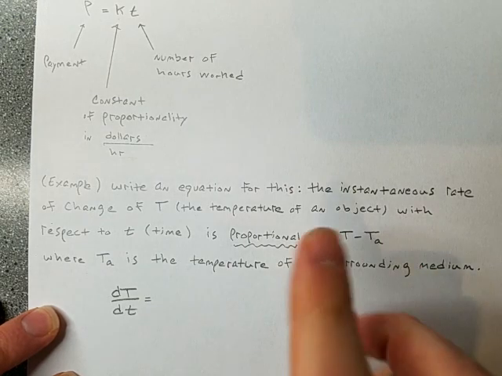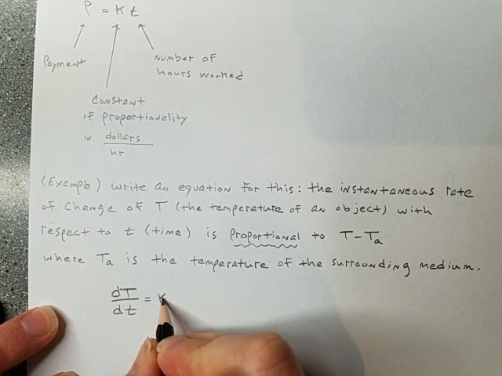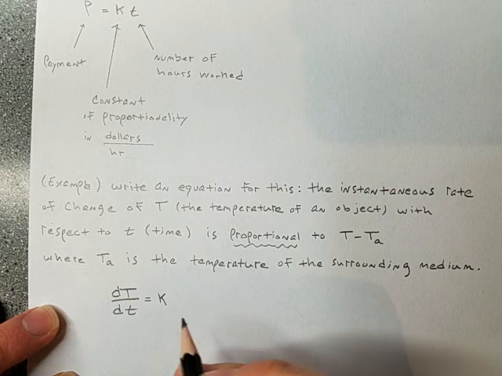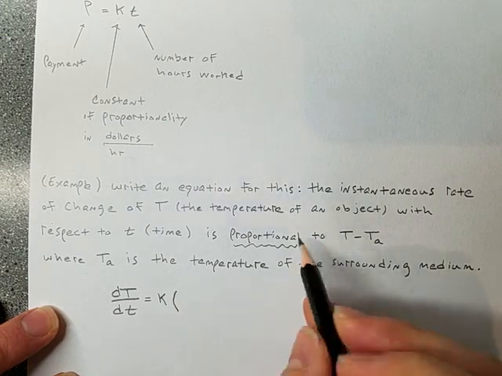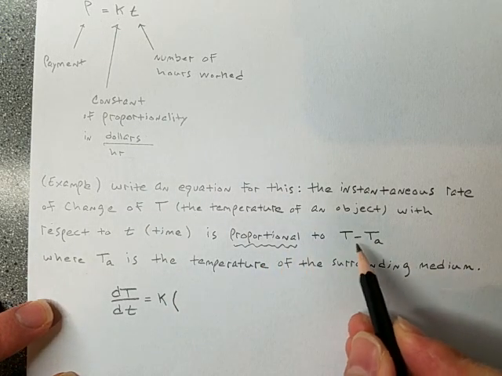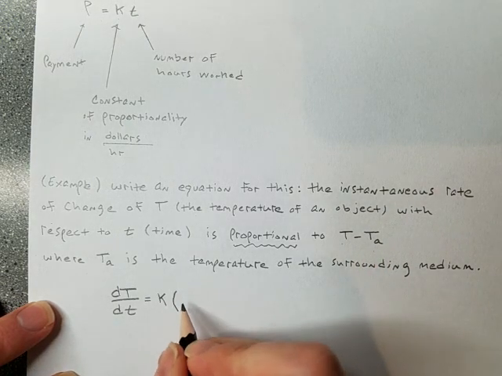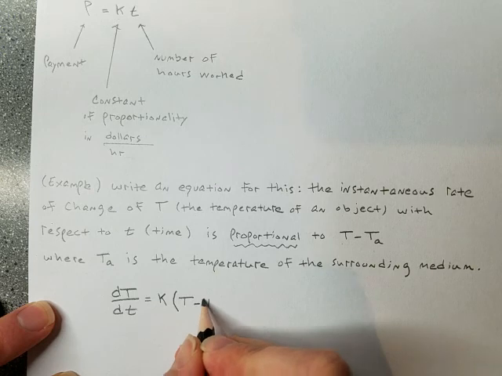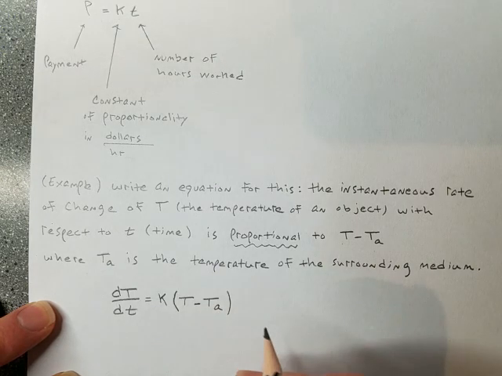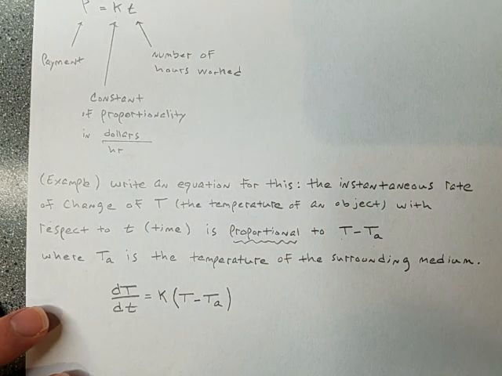Is proportional, that means there's going to be some number k that I multiply by this other thing, the difference of the temperature of the object and the surrounding temperature. So T minus T_A. Okay. So that's this law of nature expressed as an equation.